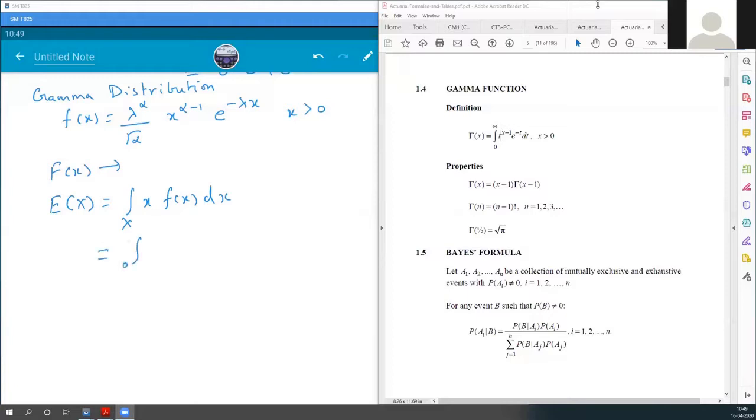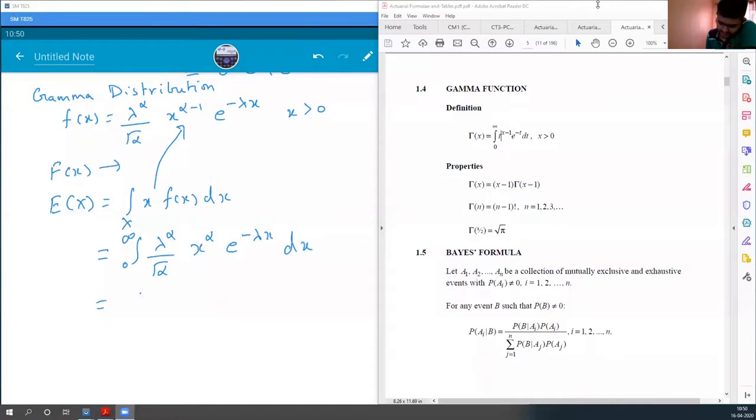So we'll have 0 to infinity for all values of x, and x multiplied by lambda raised to alpha over gamma alpha x raised to alpha minus 1, into x, so it will be x raised to alpha, e raised to minus lambda x dx. Now I can take lambda raised to alpha and gamma alpha out, and also I will substitute lambda x as t.